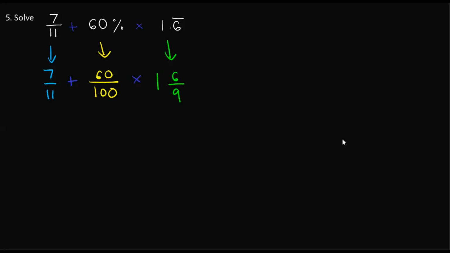Then, just some manipulation, just verify that 60 over 100 in simplest form is 3 over 5. And this one, if we convert it into its simplest form, would be 1 and 2 over 3. Then converting this one into its improper form, that one is actually 5 over 3.